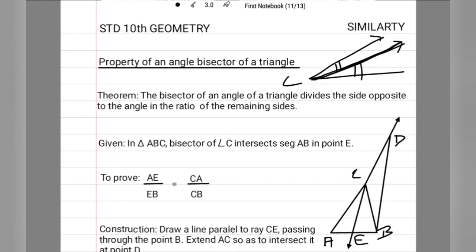Now moving to the statement of the theorem, we have: the bisector of an angle of a triangle divides the side opposite to the angle in the ratio of the remaining sides.